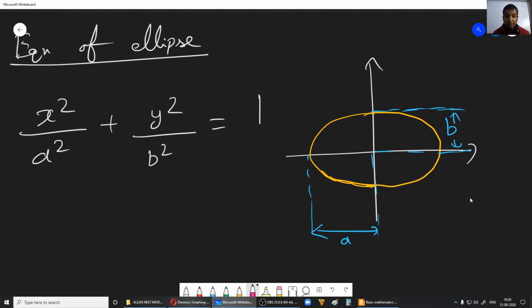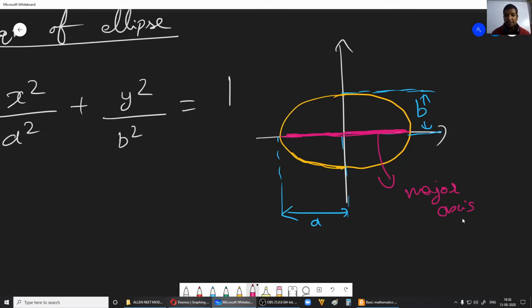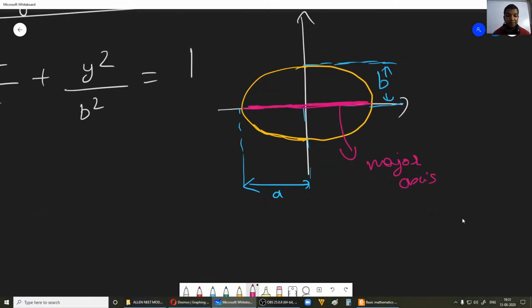Here you have a longer line, that pink color line you are seeing here, which we call the major axis of the ellipse. This is defined for an ellipse. The line of shorter length we call the minor axis.